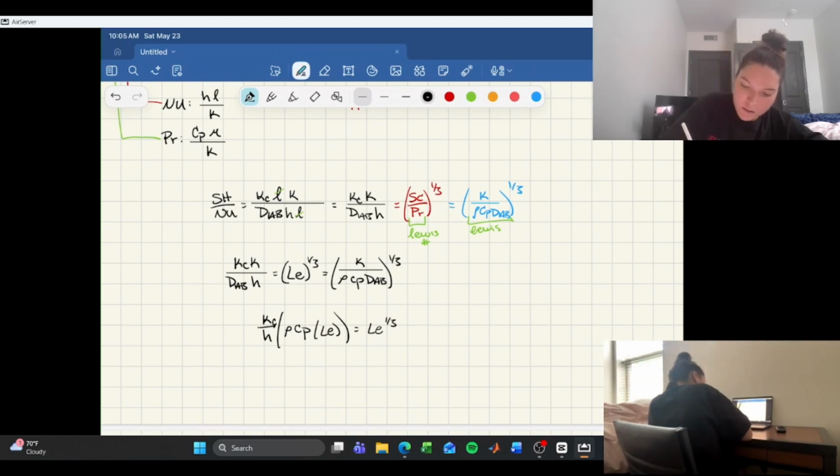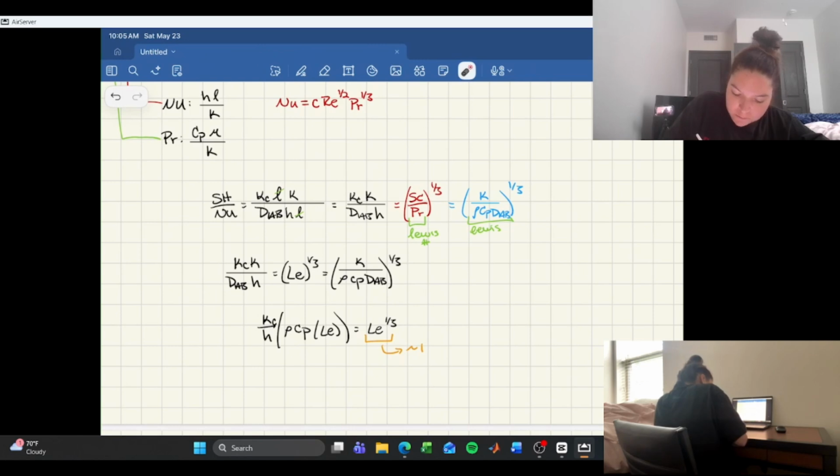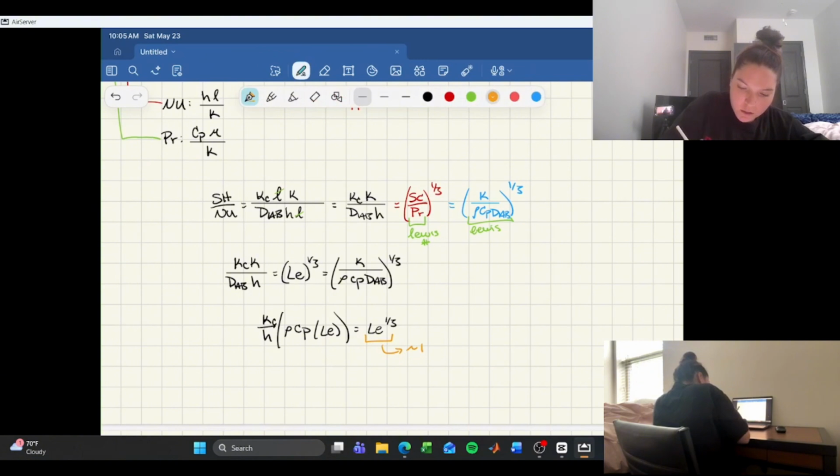Then this term here we say is about equal to 1. So if we divide this over, the mass transfer coefficient over the heat transfer coefficient times density times heat capacity is equal to 1.